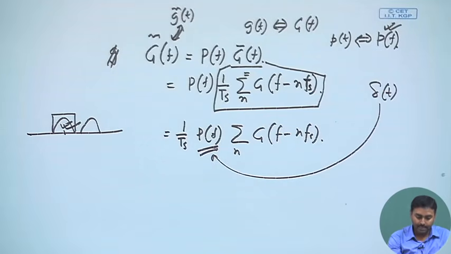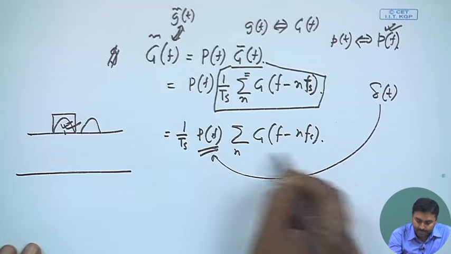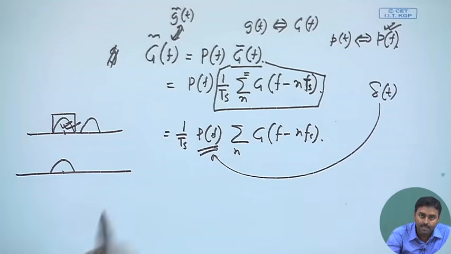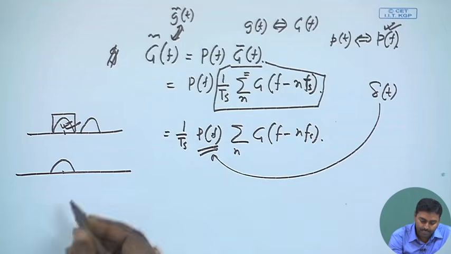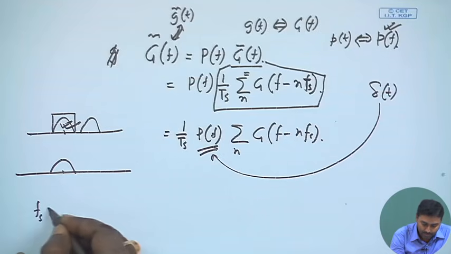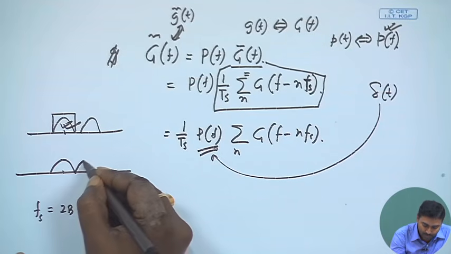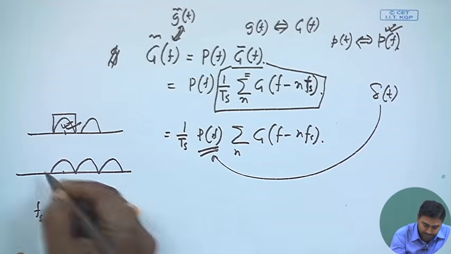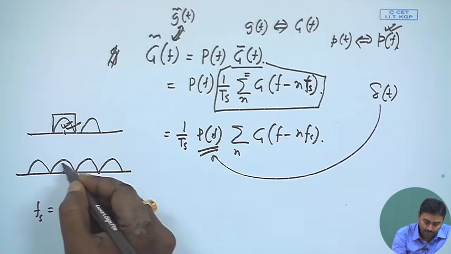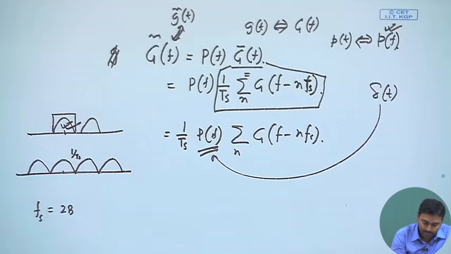But now what is happening, if I see this G(f minus nfs), that remains the same. Let us say we have chosen this fs just equal to 2b. So, then this will be just repeated from there with a strength of each of them 1 by Ts, right.